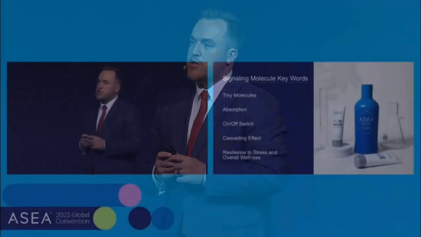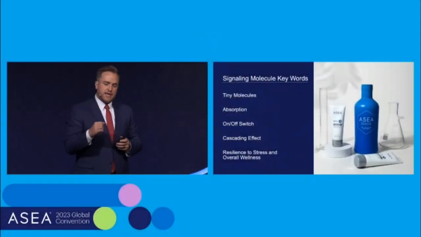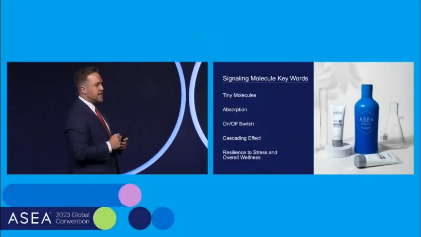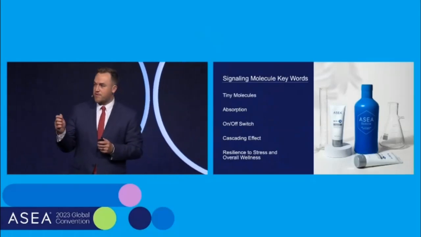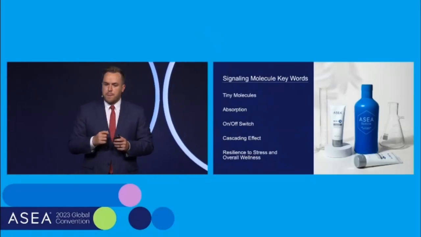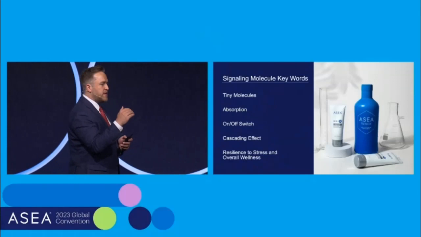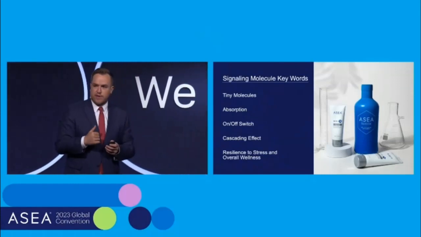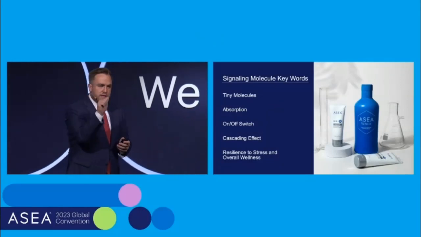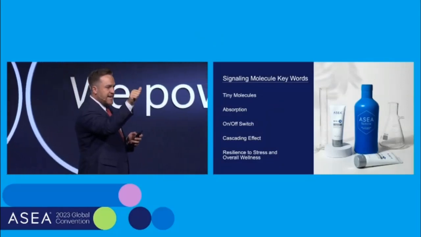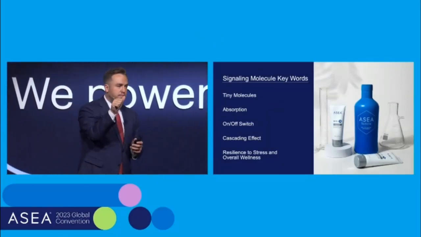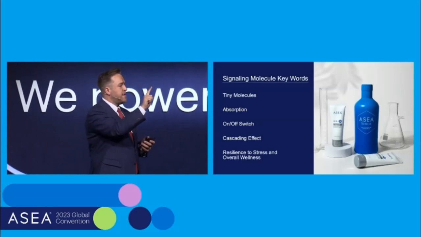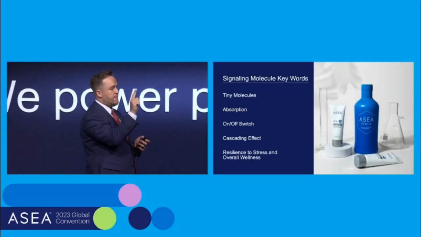Okay, so we're going to dive into these signaling molecule keywords because they're going to pop up in the research that we're going to present here shortly. I like to go through the keywords very succinctly so that everybody understands how they're related. Cell signaling molecules are tiny, high-energy molecules. Because they are tiny, they can be absorbed directly into the cell.